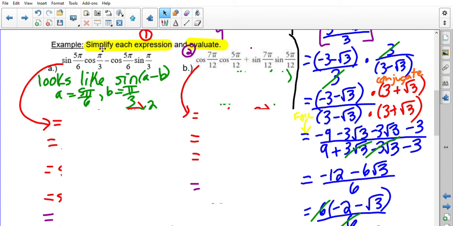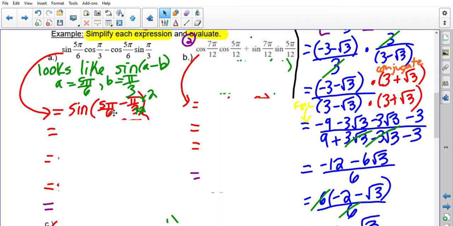Okay, they want us to simplify the expression, so they want us actually to work backwards now. Okay, so we want to figure out what was its original sine A minus B formula if this is what it expanded to. So in this case here, the A is 5 pi over 6 and the B is pi over 3. So if I work backwards then, this is basically like me saying sine 5 pi over 6 minus pi over 3.